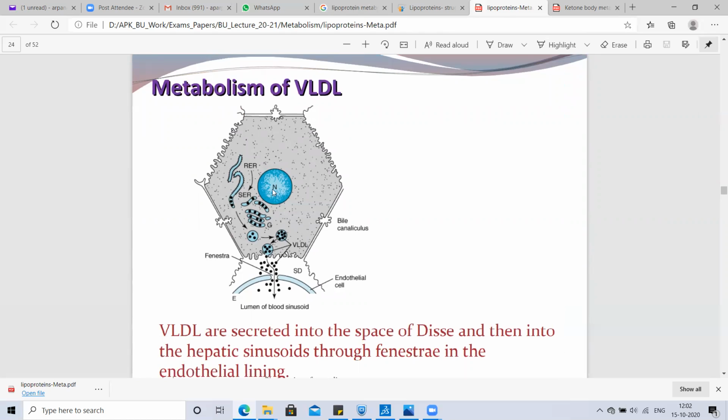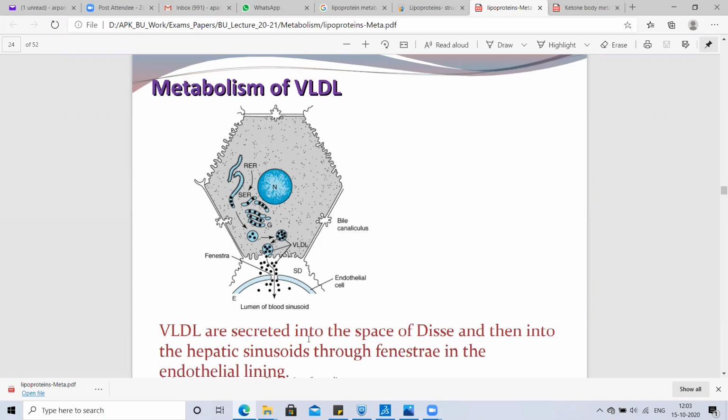This is the structure of a common cell where RER synthesizes the protein part of VLDL, and smooth ER is responsible for the incorporation of lipids, and the combination of proteins and lipid moves to the Golgi complex, where it is transported to the plasma membrane, and through the plasma membrane via exocytosis or endosome mediated transport they can fuse to the nearby endothelial cell of the blood sinusoid, and enter into the blood sinusoid via this endocytosis mediated transport system.